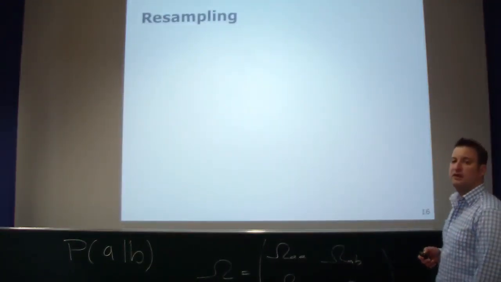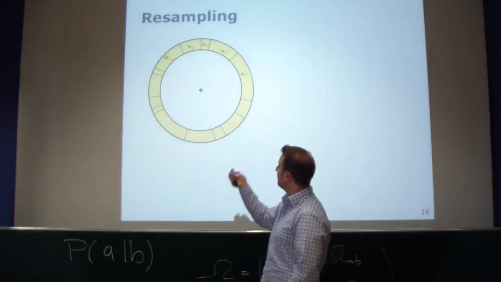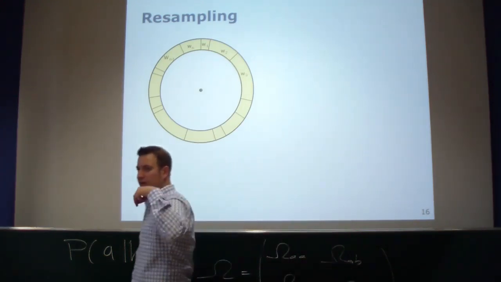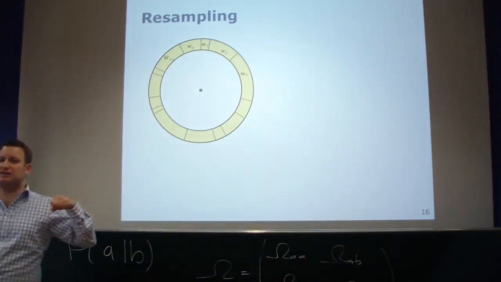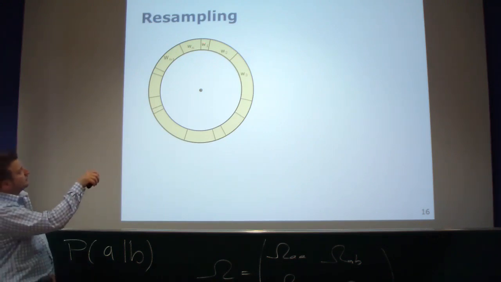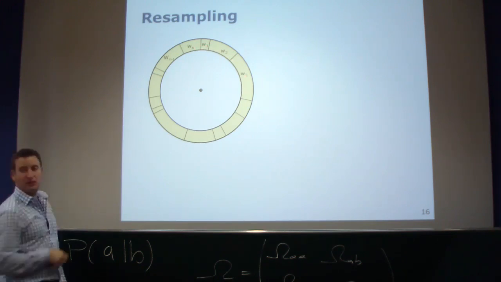The first thing is you can treat it as a roulette wheel, where the size of the buckets where the ball can fall in is proportional to the particle weight. So this corresponds to particle 1, with width weight 1, weight 2, weight 3, and so on until weight n.